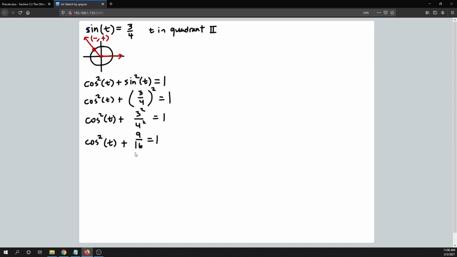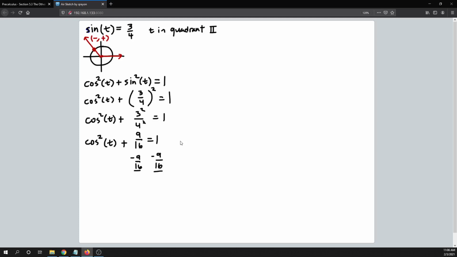Now what I want to do is to get cosine squared by itself on one side of the equation, and I would do that by subtracting 9/16 from both sides. And then on the other side, I need to do 1 minus 9/16.